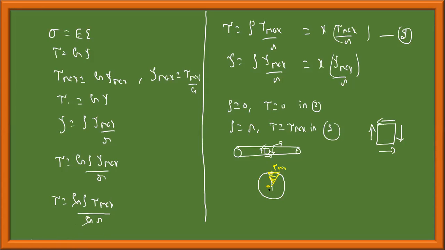The direction is the same as that of the shear stress. It is maximum at the outer fiber and zero at the innermost fiber, or at the origin. That you should remember.